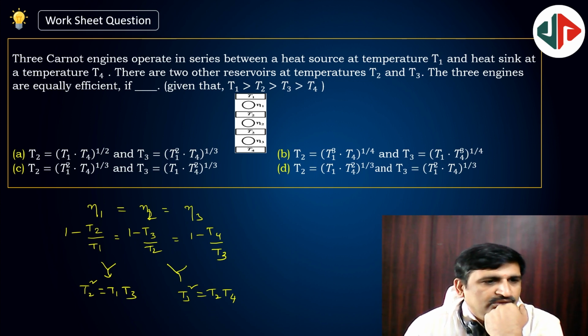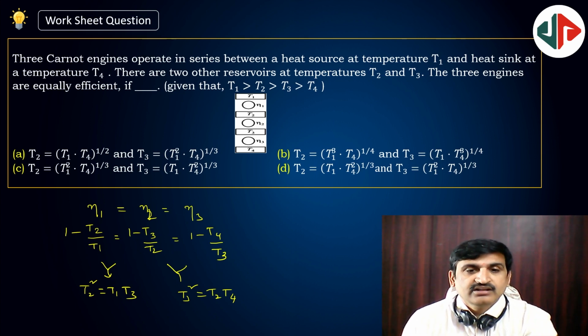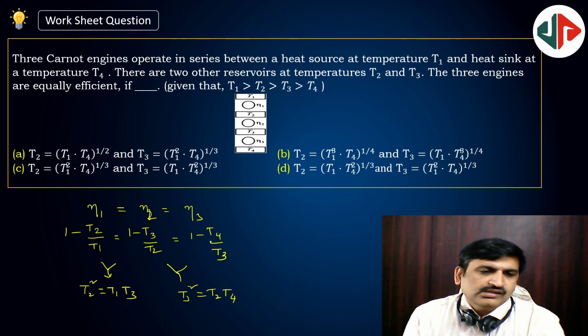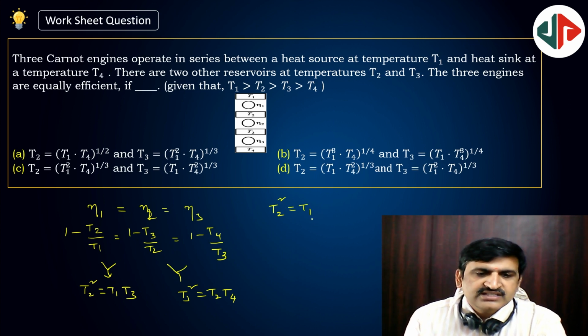So T2 square is T1 T3, but everywhere only 1 and 4 are there, and the powers are also different, so we can manipulate this. T2 square is equal to T1, and T3 can be written as root over T2 T4.